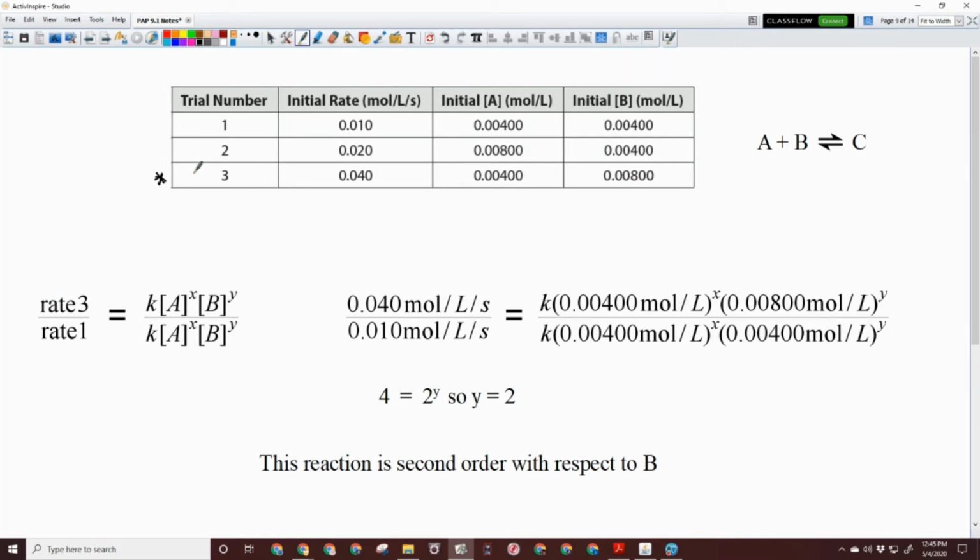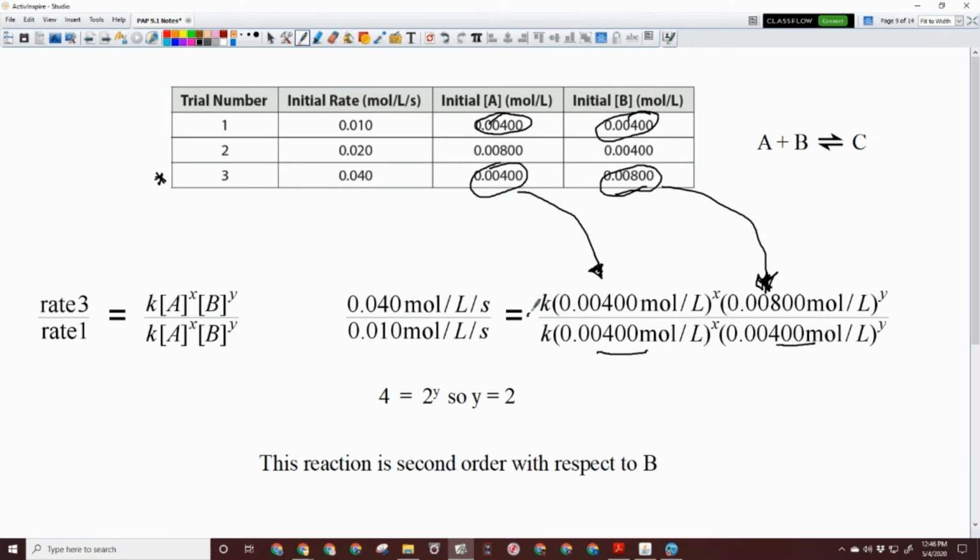A is going to go here. B is going to go here. And then for trial 1, A and B are the same. We're going to substitute those in.